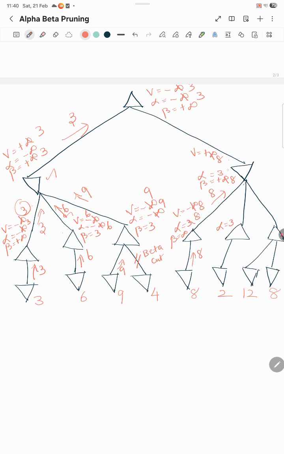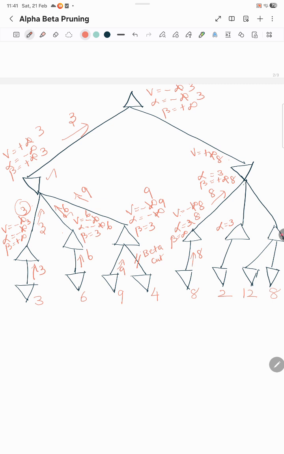Now if you are seeing for alpha cut, what is alpha cut? For min node, you have to check whether v is less than or equal to alpha. 8 is not lesser than or equal to 3, so no alpha cut over here. Okay, so you have to continue to explore.